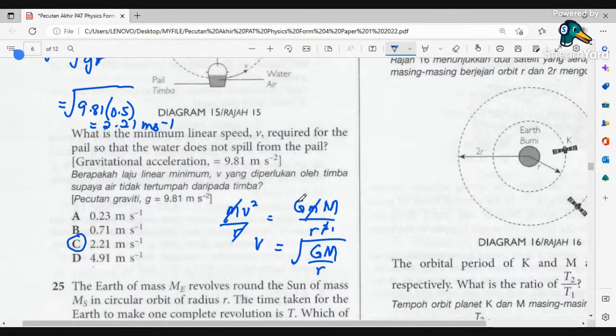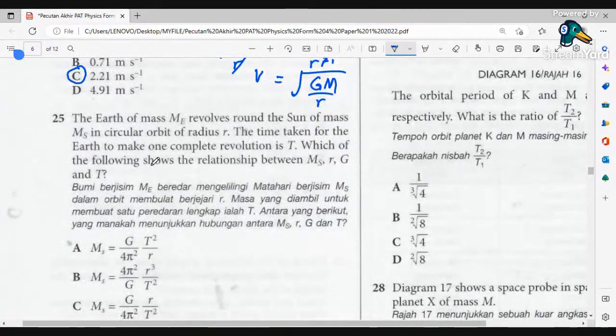This is the linear speed required to maintain circular motion. That's why the term minimum linear speed is used. Number 25.